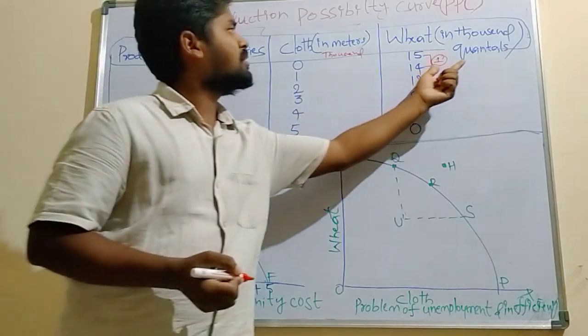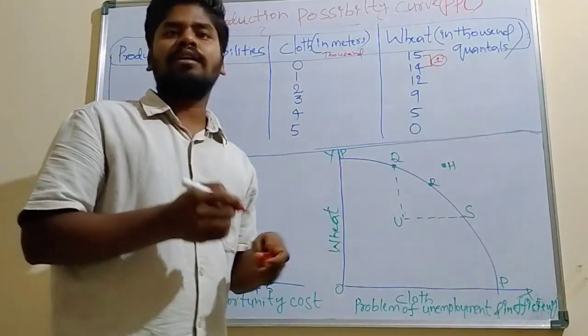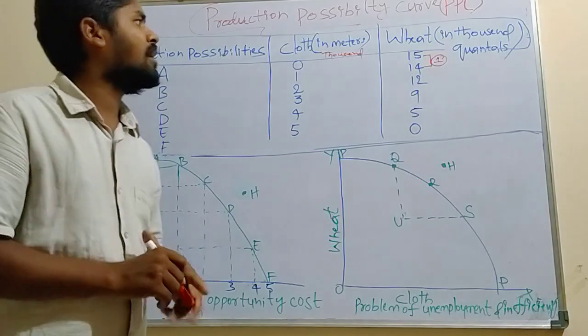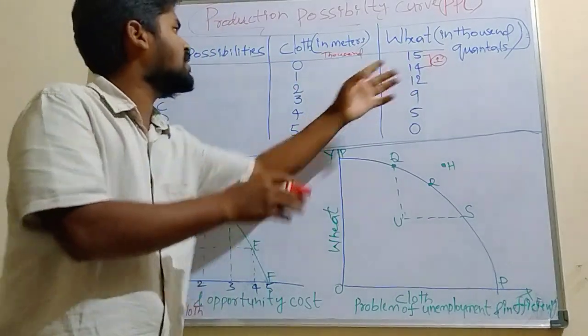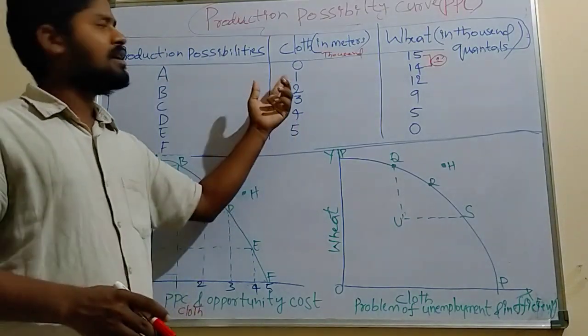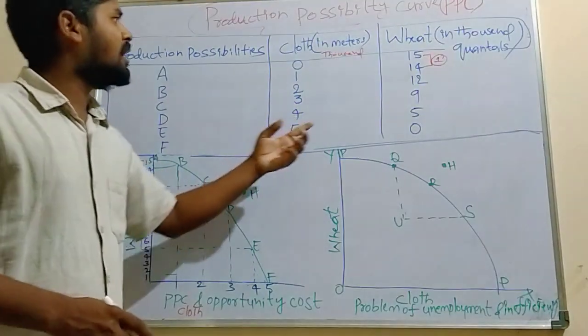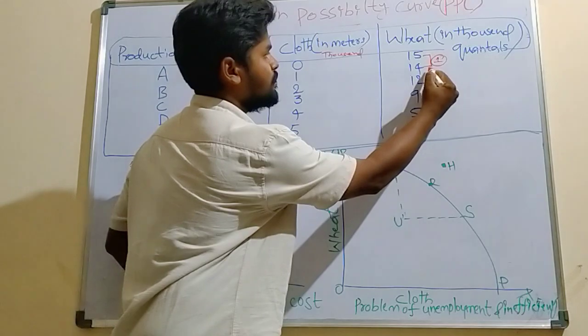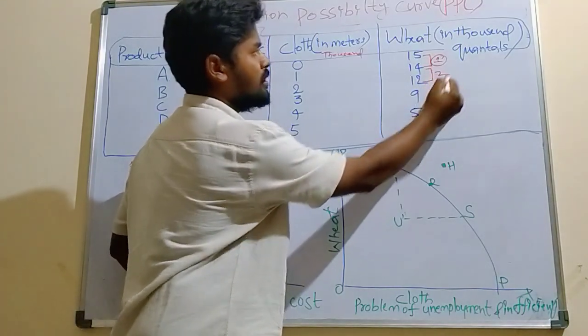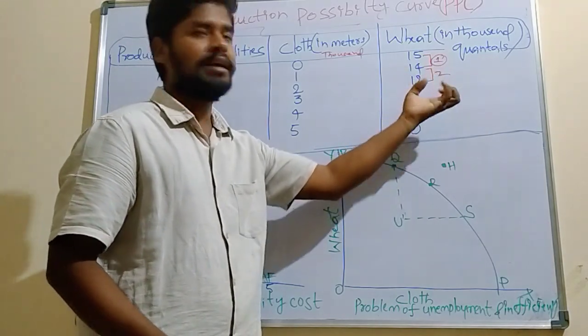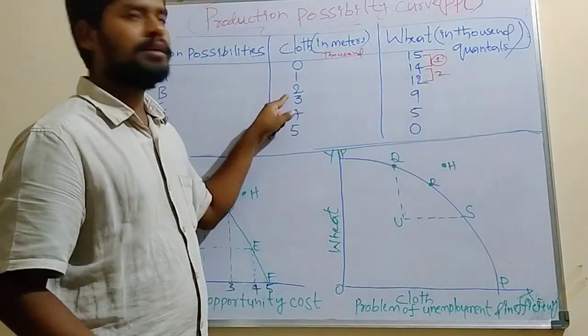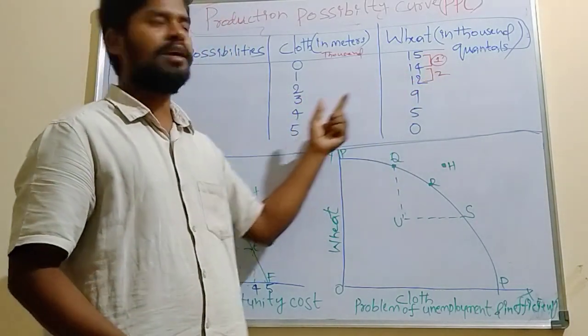The cost of expenditure which occurred in producing the wheat is diverted or sacrificed to the cloth. Similarly, from 14 to 12, 2000 quintals of wheat are given up to the cloth.